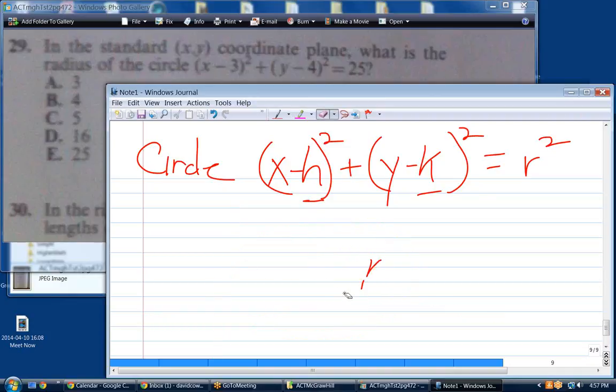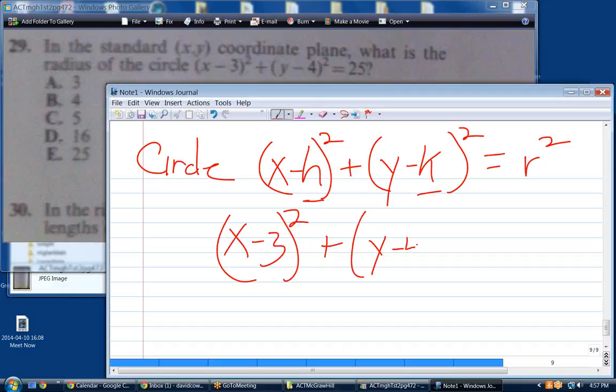So H and K are the x-coordinate and y-coordinate of the center, and R is the radius. In the equation they've given us, the only thing they ask about is the radius. We can recognize that we're looking at the equation of a circle.